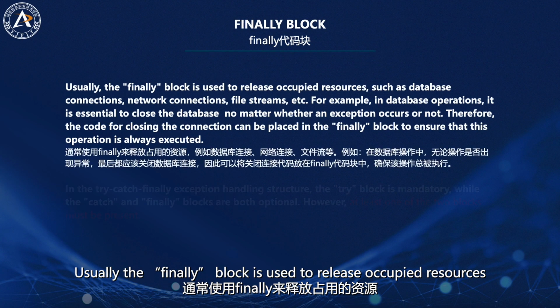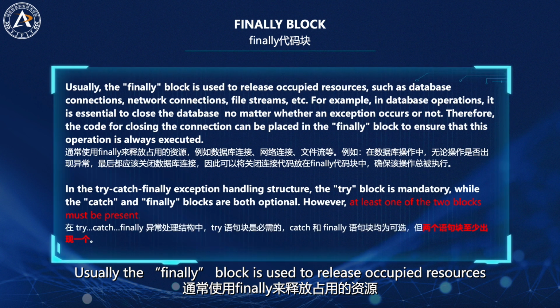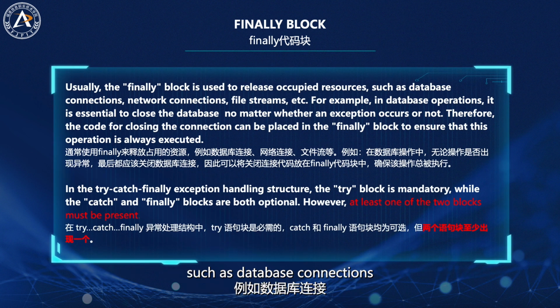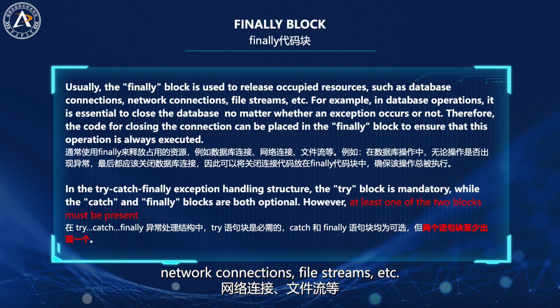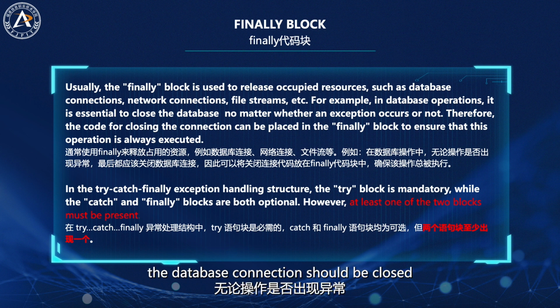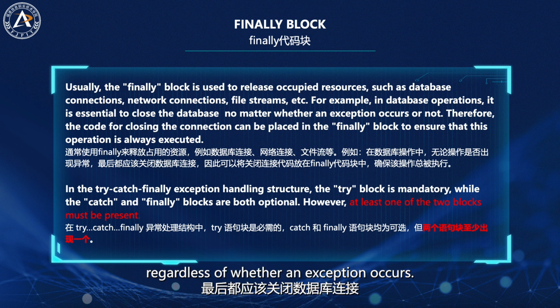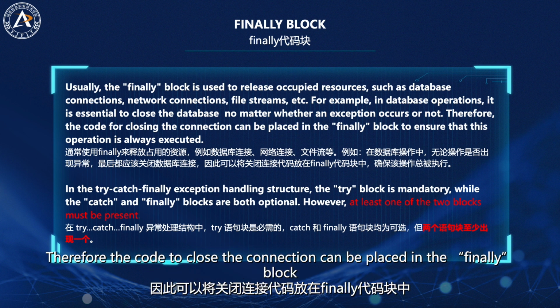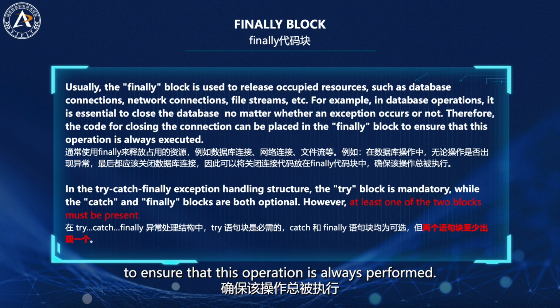Usually, the finally block is used to release occupied resources, such as database connections, network connections, file streams, etc. For example, in database operations, the database connection should be closed regardless of whether an exception occurs. Therefore, the code to close the connection can be placed in the finally block to ensure that this operation is always performed.